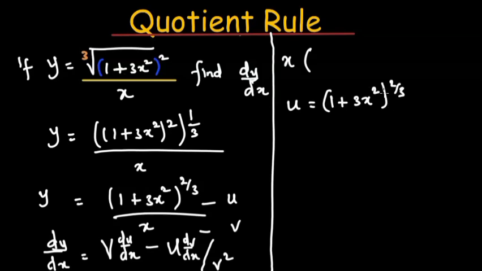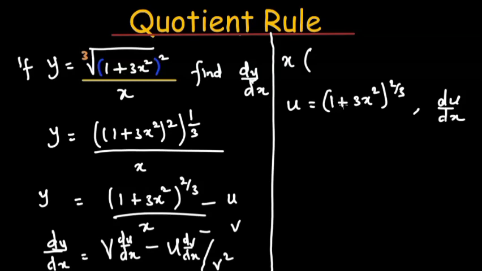There are two ways to differentiate this. We're looking for du/dx. I'm not going to go the long way, I'm just going to go the shorter way, and I've explained that in the video in the description, you can check it out. So the shorter way is to differentiate the inner function.